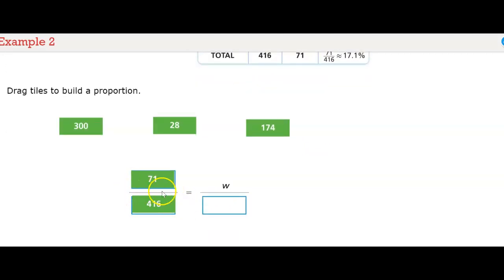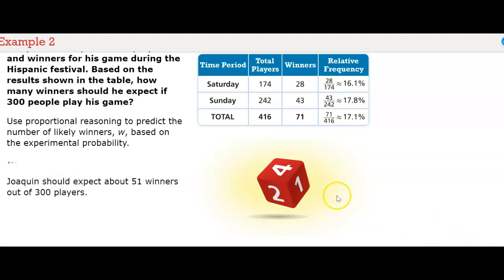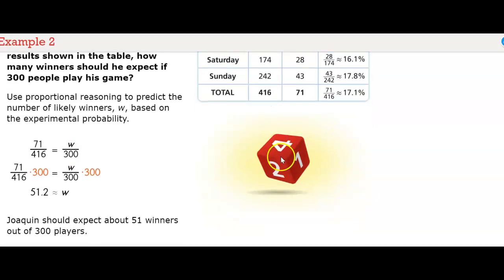That's another proportion we could have. The proportion they use to solve the problem is the total number of winners over the total number of players for that weekend. The winners is what we're trying to find.